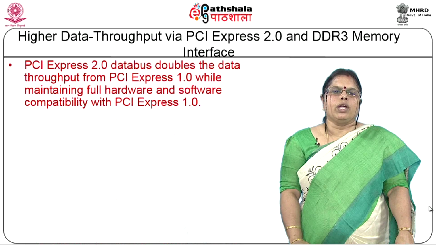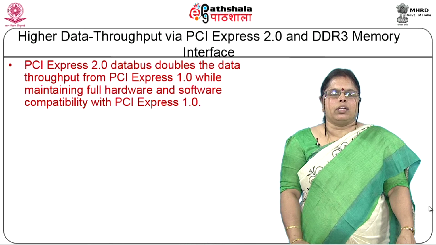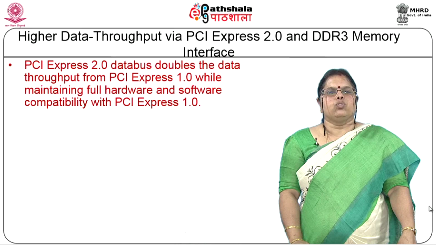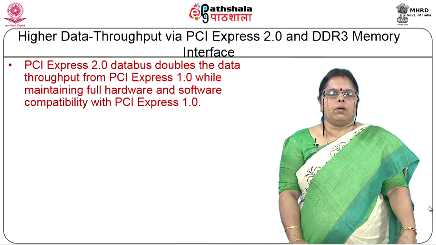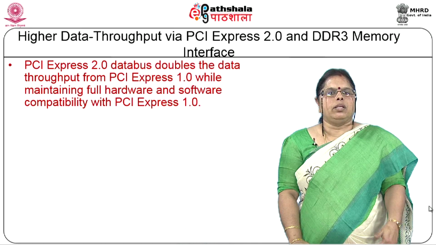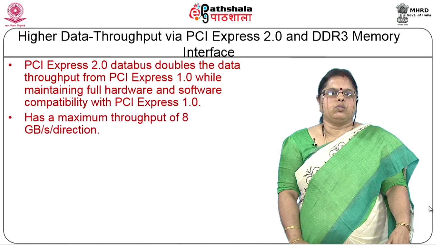So, then when you are looking at data throughput, you can look at higher data throughput via the PCI Express 2.0 and DDR3 memory interface. So, PCI Express 2.0 data bus doubles the data throughput from PCI Express 1.0 while maintaining full hardware and software compatibility with your PCI Express 1.0.